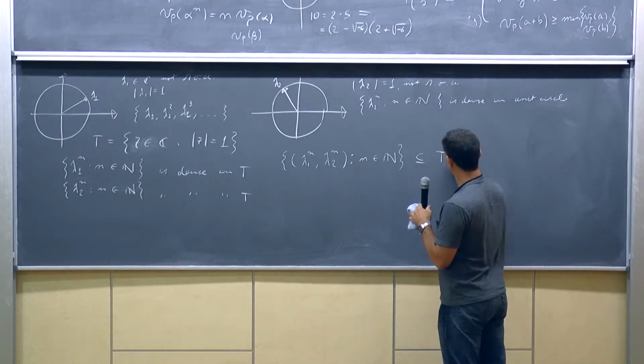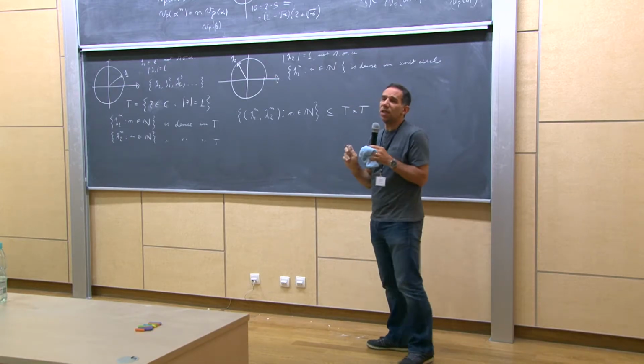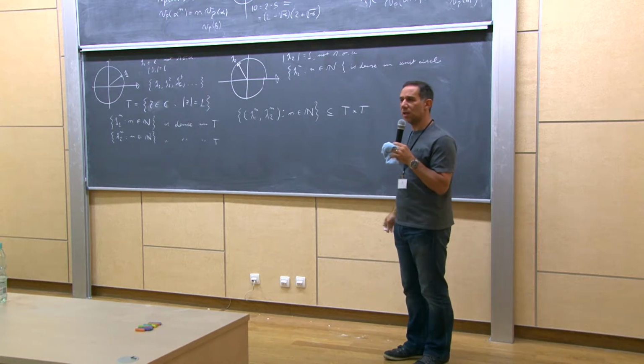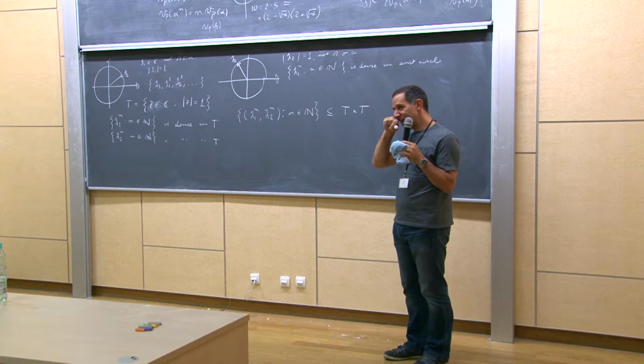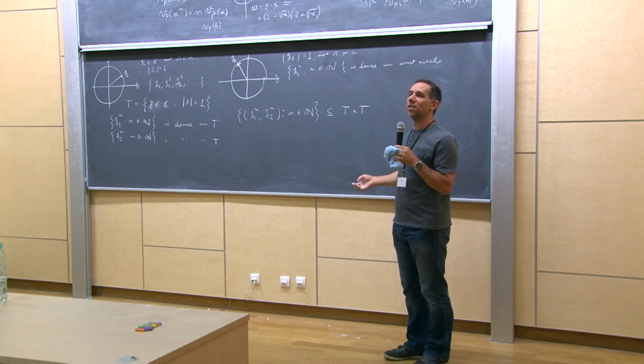It's clearly a subset of T cross T. But is it dense in T cross T? That's a natural question. Any guesses? Not always.